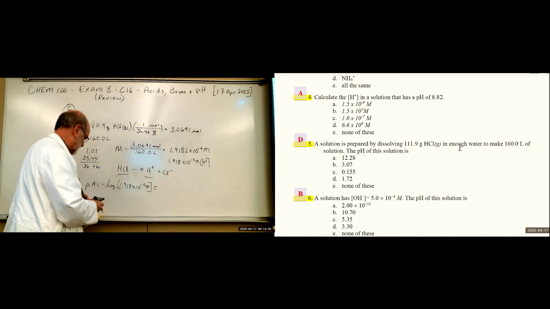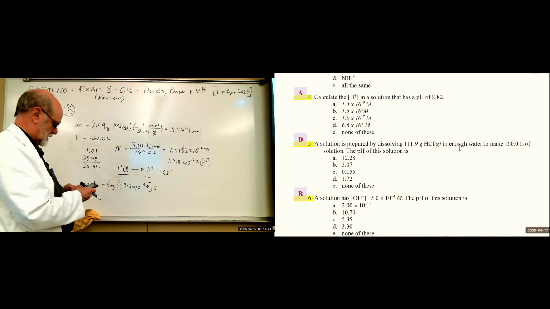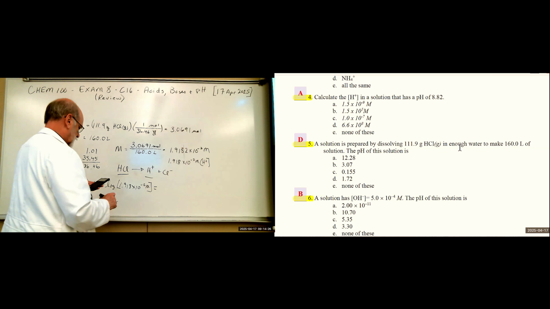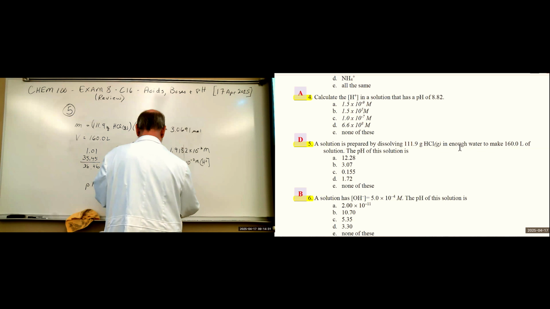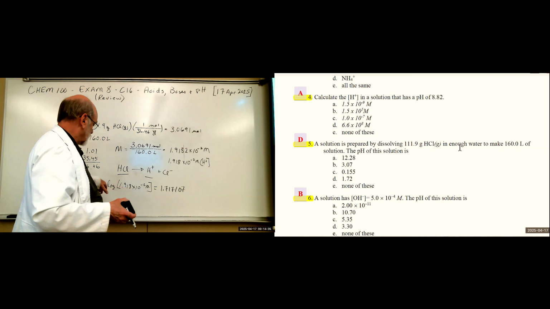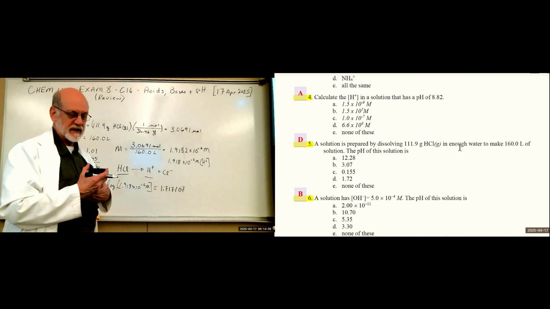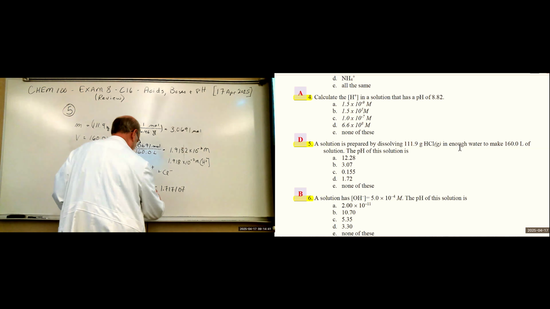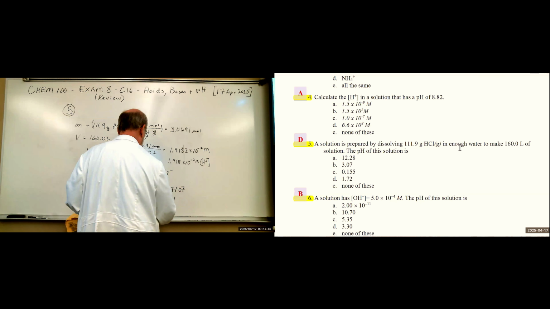All right, so what do we get from this calculation? Let's see, I take the log of that value and change the sign. So I get 1.717107. All right. So we've got 4 significant figures. We can have 4 decimal places: 1.7171.